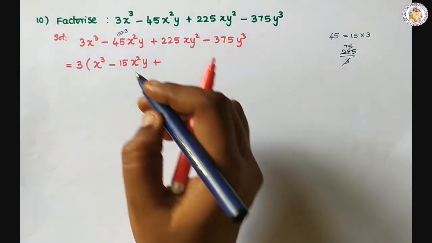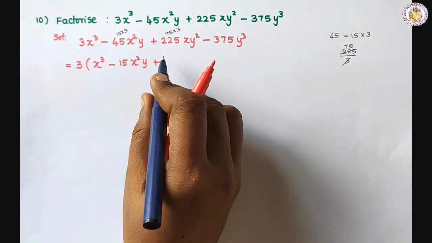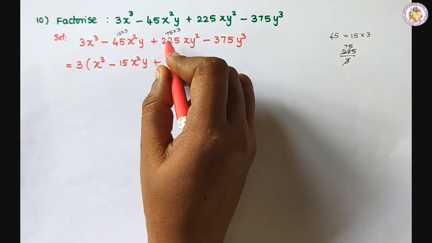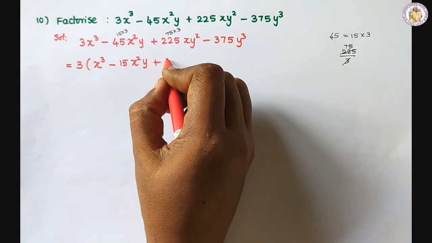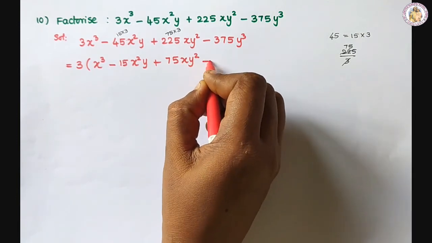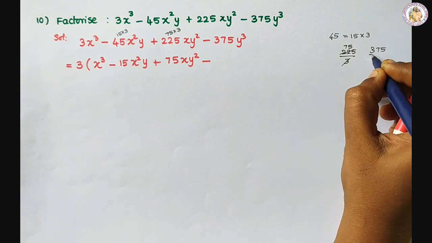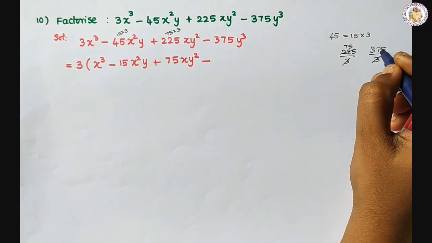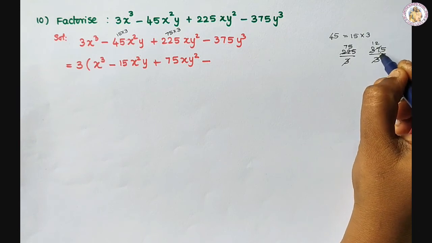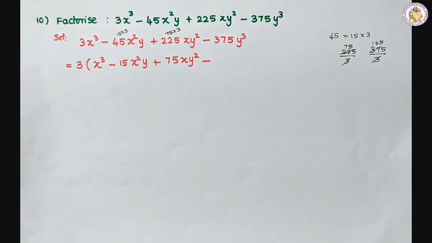So 75 3s are 225. 3 is taken out, so remaining is 75 x y squared minus 375. 3 1s are 3, here 2 3s are 6, balance 1, it becomes 15, 5 3s are 15.